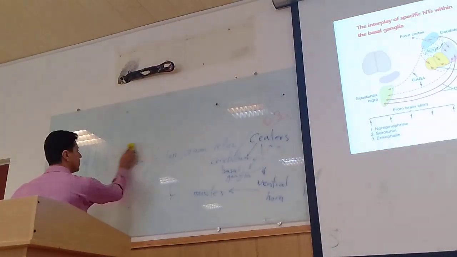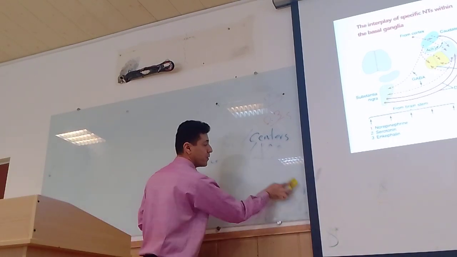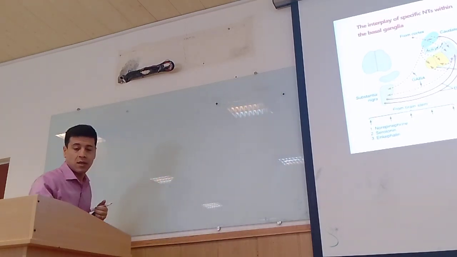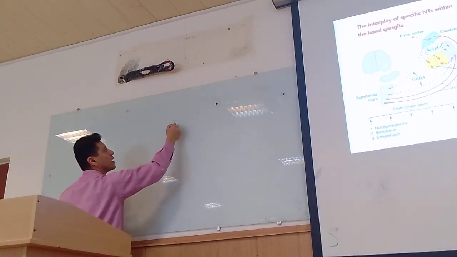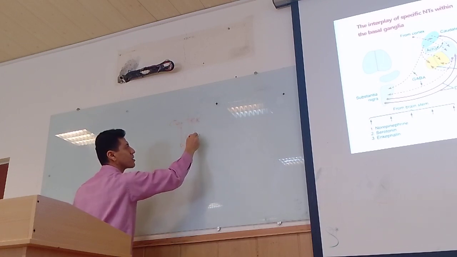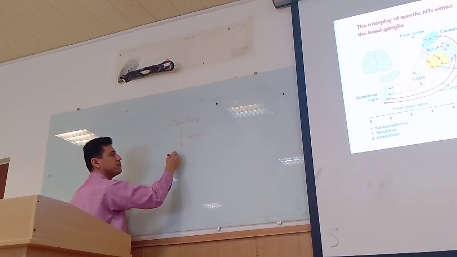Actually you should memorize this. It's very important. From the cortex, you have glutamatergic neurons, right? They activate the putamen.